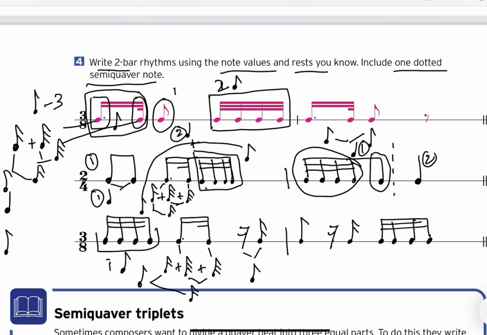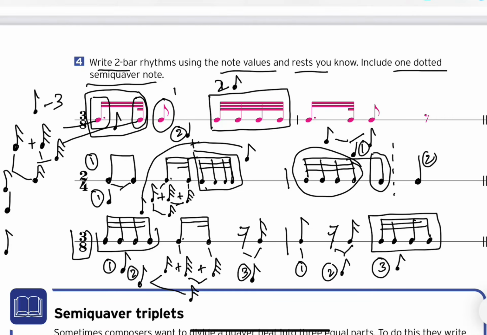So we got one, two, and three quavers within a bar. Here, this is the first quaver. These two make one quaver, so this is the second one, and these four make one quaver. This is our third quaver. So we got three quavers in each bar.